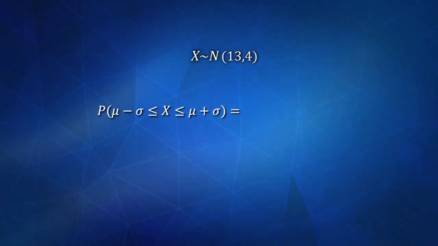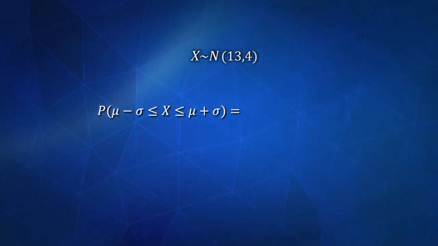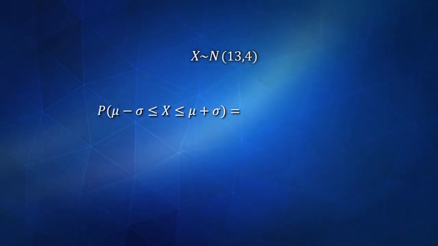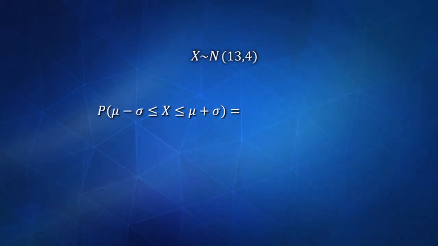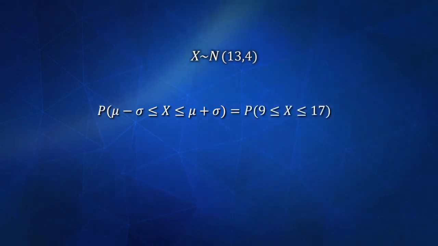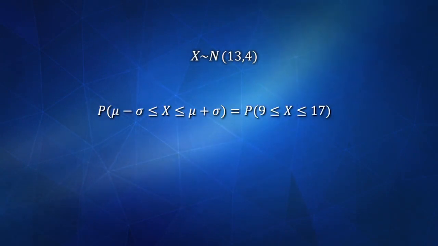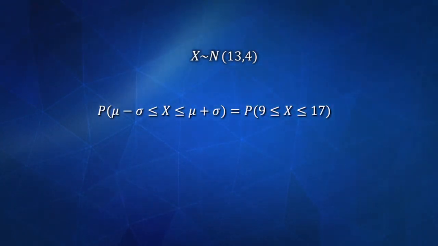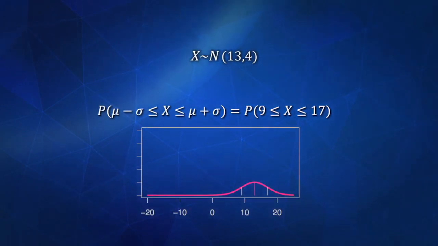So we've got the mean minus sigma, because we're going down 1 standard deviation, less than or equal to X, less than or equal to the mean plus sigma, because I want to go up 1 standard deviation. Great. When I plug that in, the mean mu minus sigma is 9, mu plus sigma is 17. So I want the probability that X is between 9 and 17.